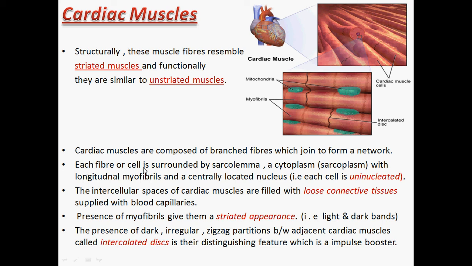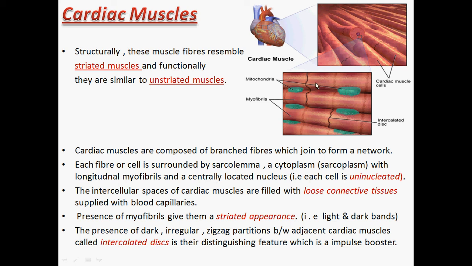Each fiber or cell is surrounded by a sarcolemma, and the sarcolemma, as I told you earlier, is the plasma membrane of the muscular fiber. So each fiber of the cardiac muscular tissue is surrounded by a sarcolemma, that is a plasma membrane, and a cytoplasm which is named sarcoplasm, with the longitudinal myofibrils.